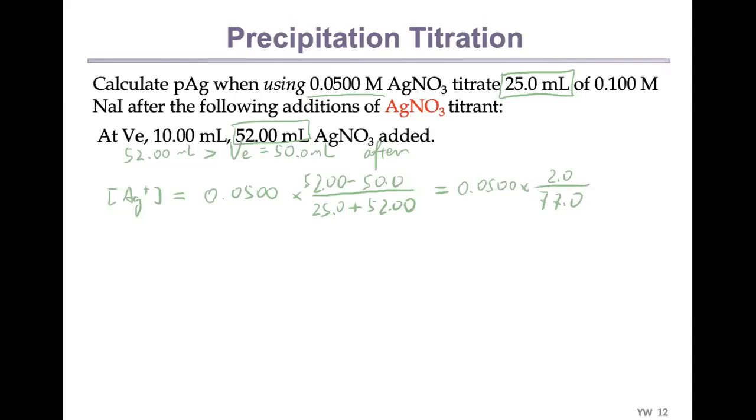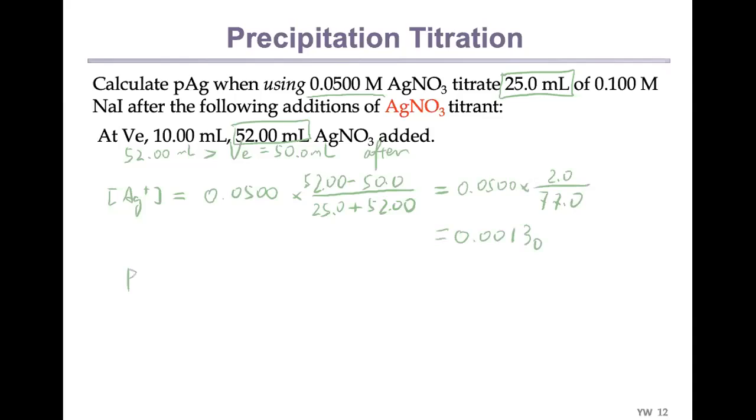Well, we need 2 sig figs, right? So it's 0.0013 sub 0. Yes.